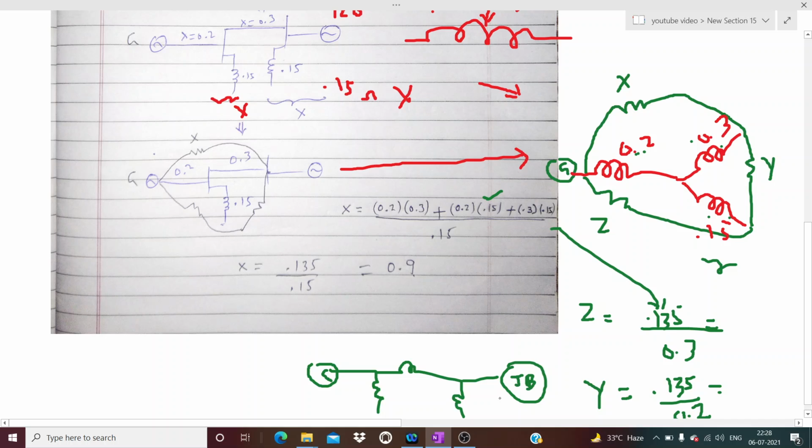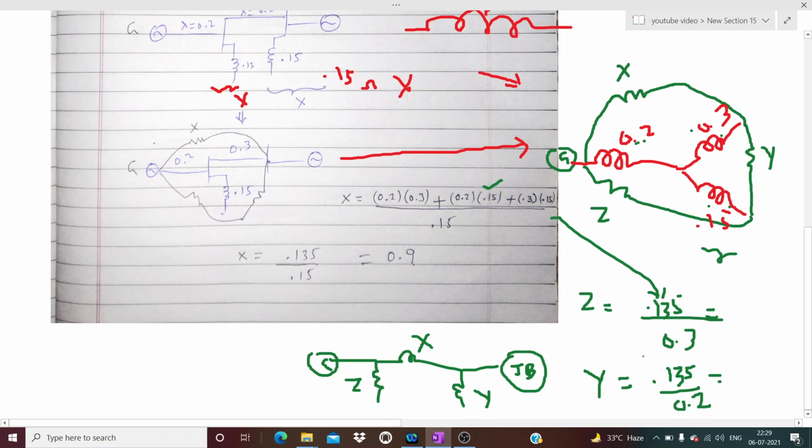This is y, this is z, and this is x. So this reactance z is parallel with the generator voltage source, and this y is parallel with the infinite bus. So again the same concept comes: if a resistance is connected in parallel with the voltage source, you can neglect that resistance. So this is what is happening here also.